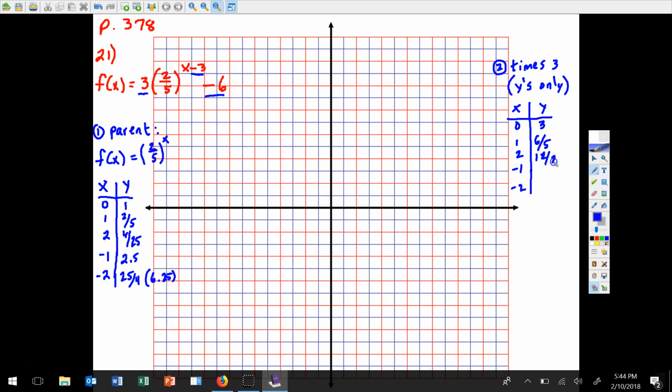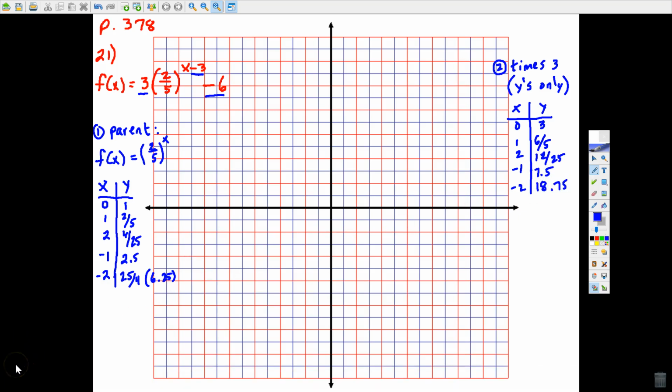And if you need to use your calculator for this, that would be okay. 2.5 times 3 is 7.5. And 6.25 times 3, I believe that is 18.75. Okay, so far so good.